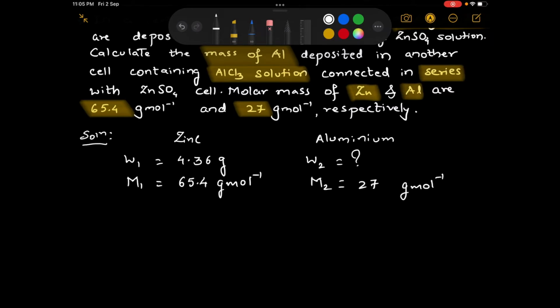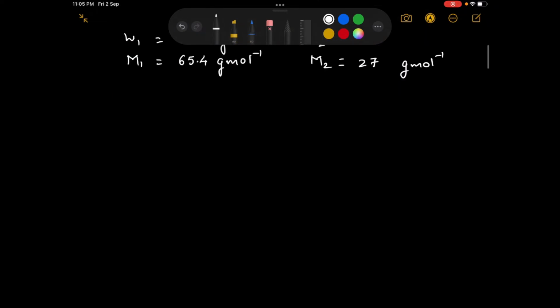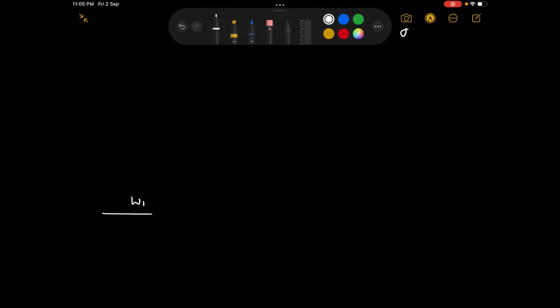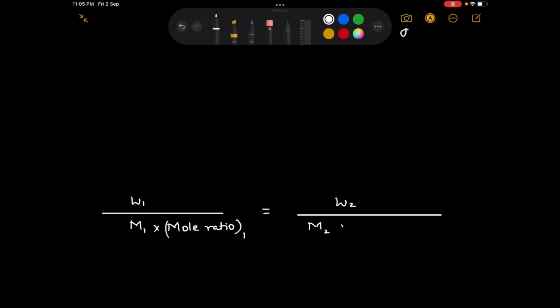As I said, we are going to use Faraday's second law, the formula for which is W1 upon M1 into mole ratio of 1 is equal to W2 upon M2 into mole ratio of 2.